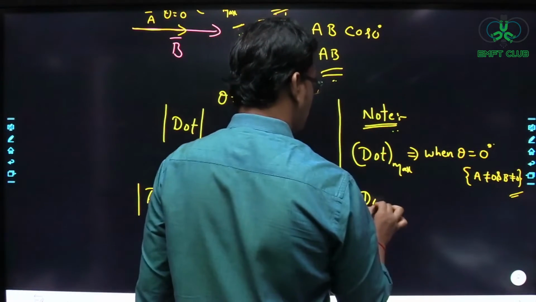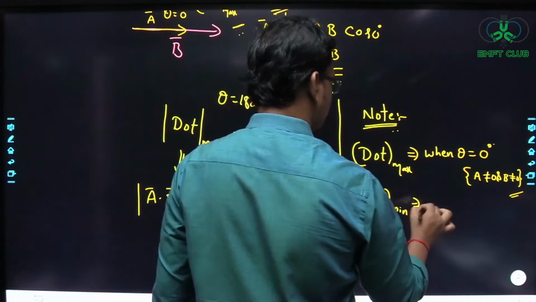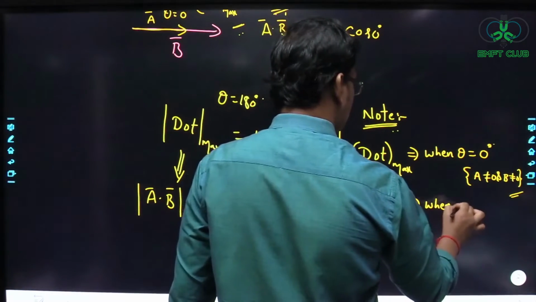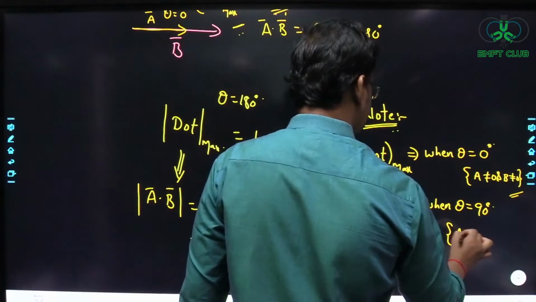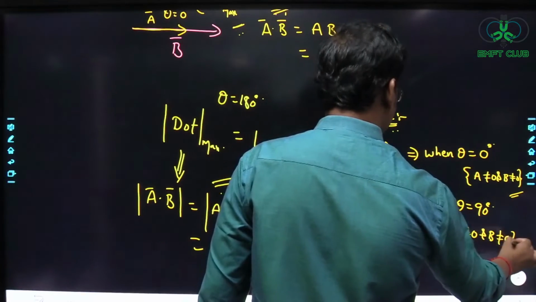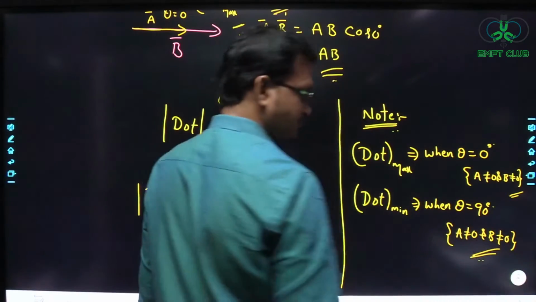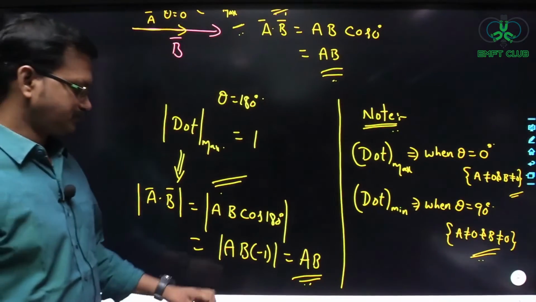And the dot product will be minimum when theta equals what? When theta equals 90 degrees. So here also I am considering A not equal to 0 and B not equal to 0, right?